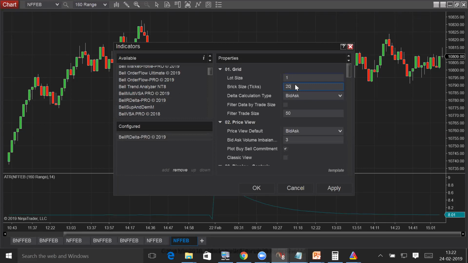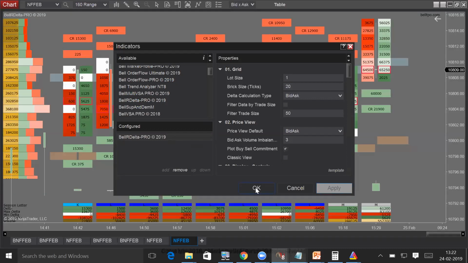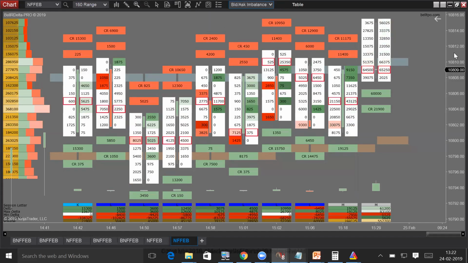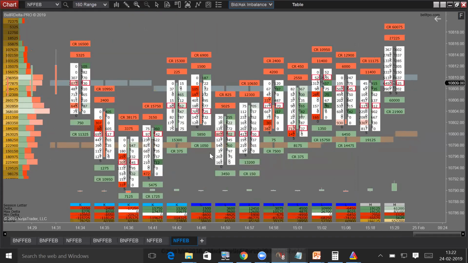So 20 is 1 block, which means for 8 blocks we plotted a 160 bar range. When I apply it, it results in an 8 block range. This is where we are going to look into the RD long signals or RD short signals.